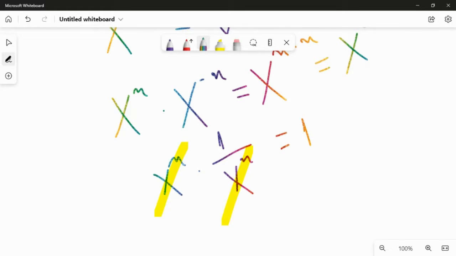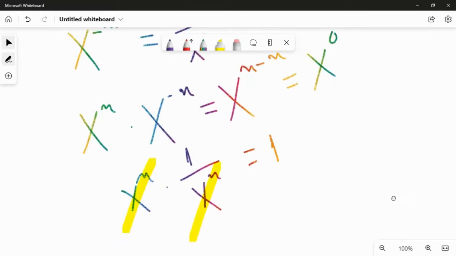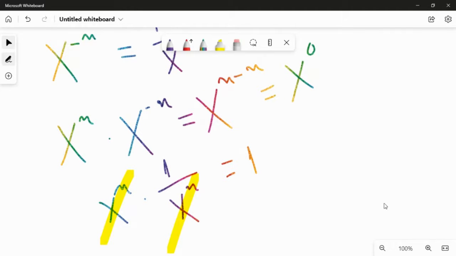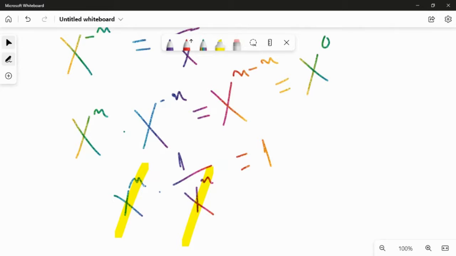It becomes 1, which is basically x to the 0, because x to the n times 1 over x to the n is x to the n minus n.